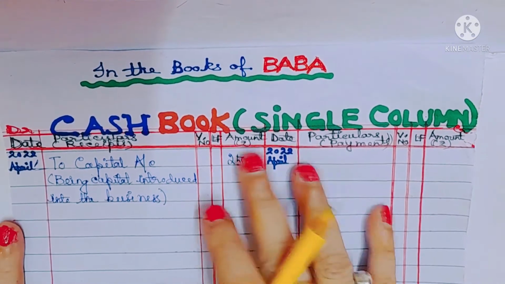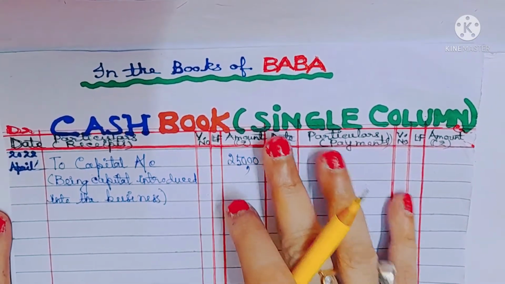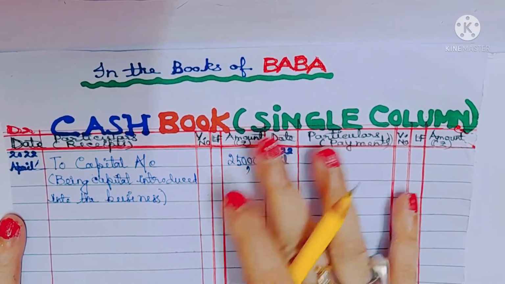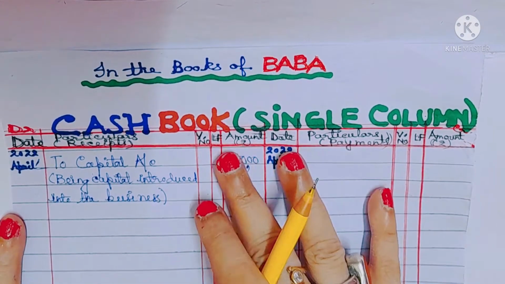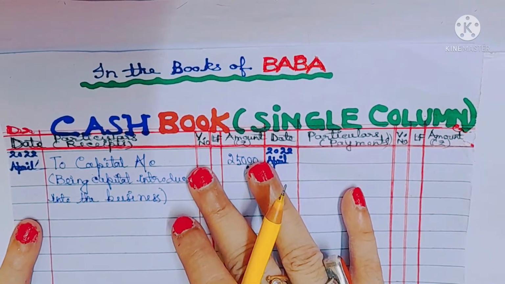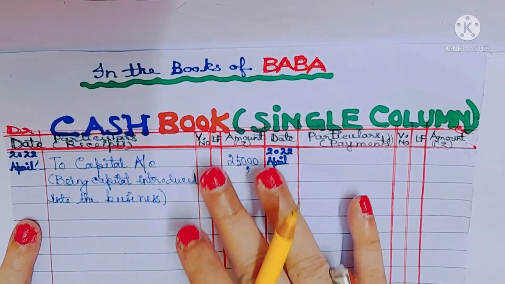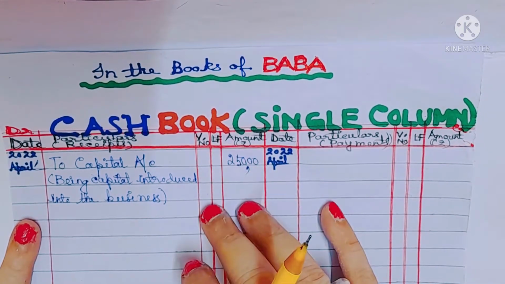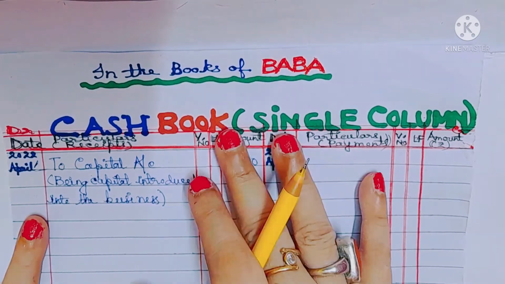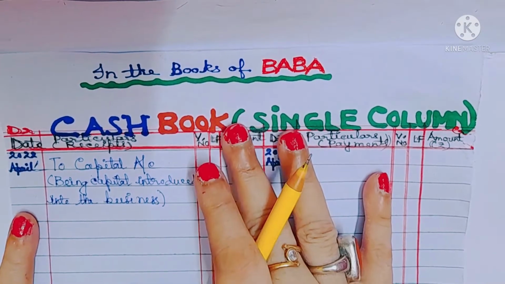Okay, and moreover, cash book is a real account. According to real account, what comes in is debit. So here, when the proprietor invests capital in the business, what is happening? Cash is coming in. So 25,000 will be debited. Understood? But you got to know journal entry.